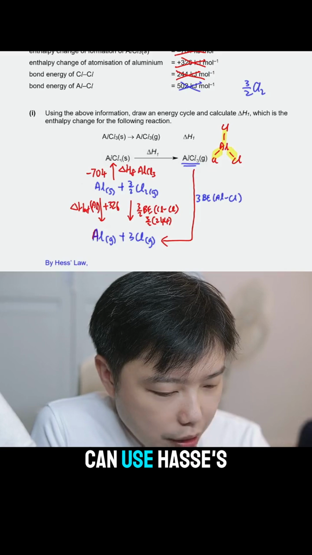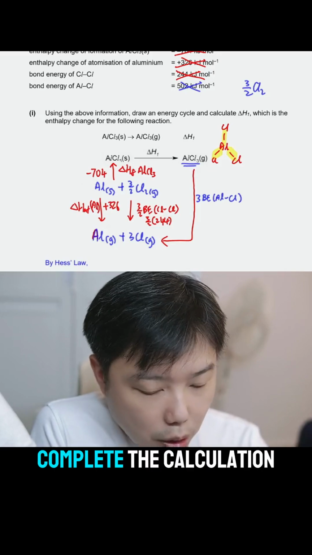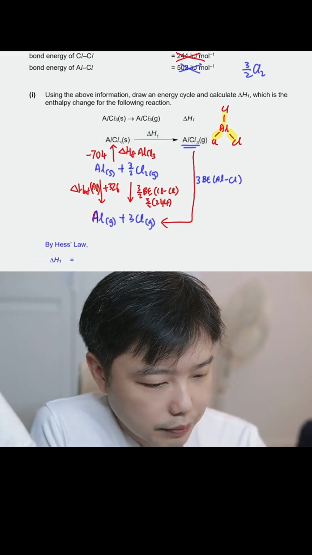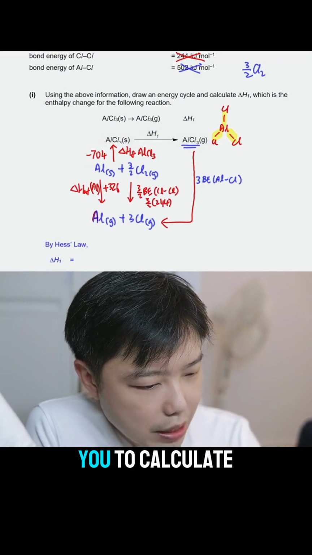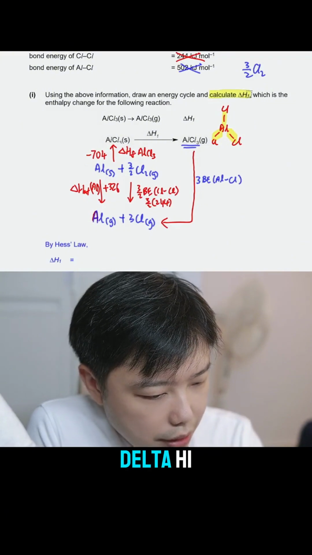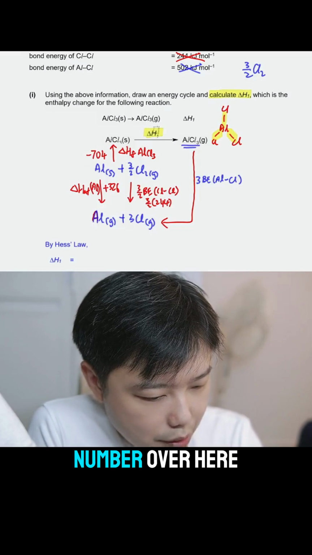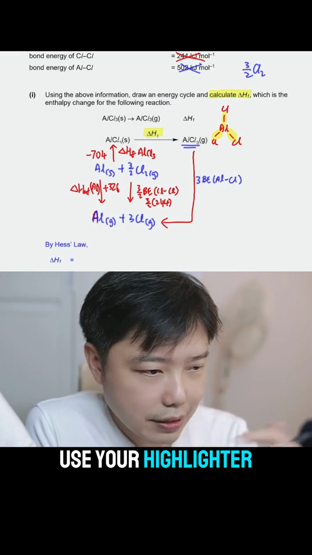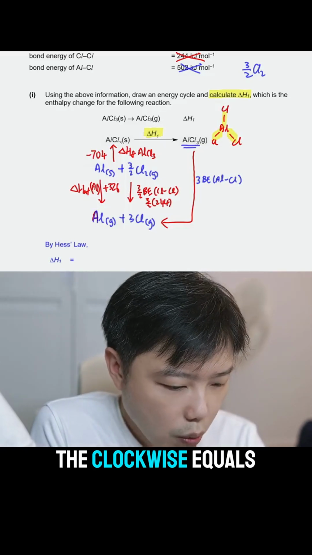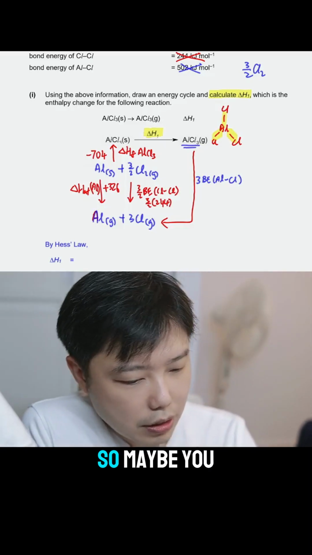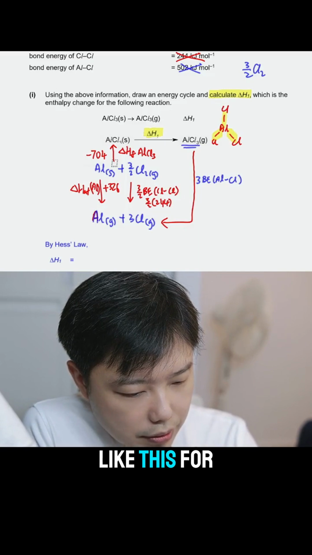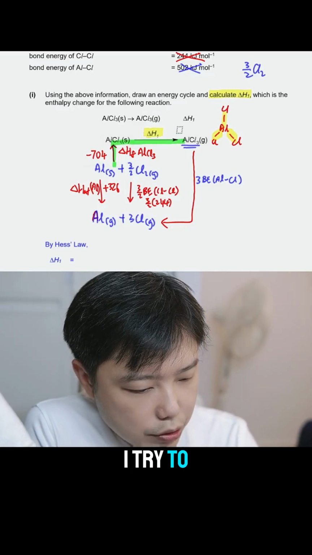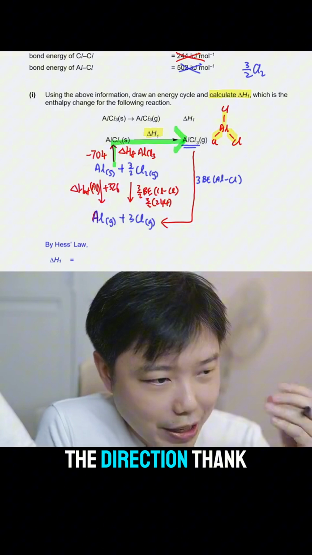Now we can use Hess's law to complete the calculation. This is the second part where they ask you to calculate delta H1, this number over here. Use your highlighter and do clockwise equals anti-clockwise. I try to go along with the direction.